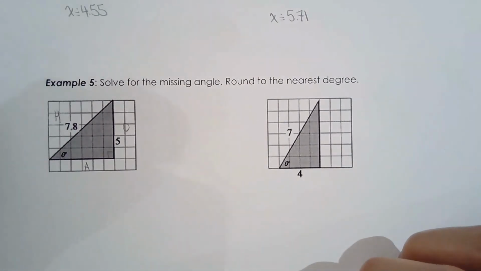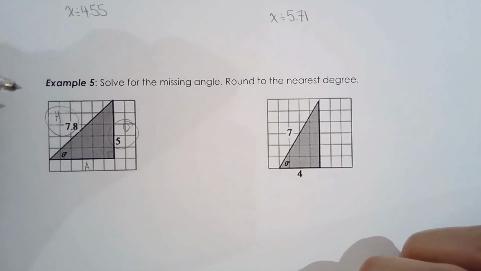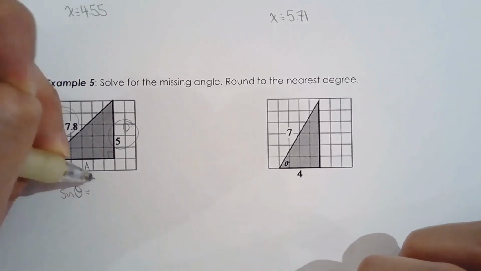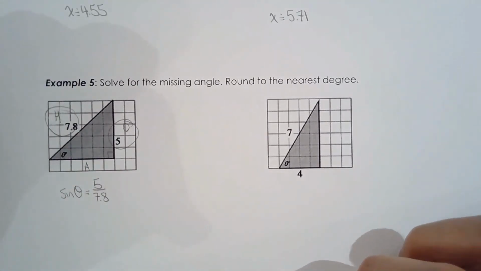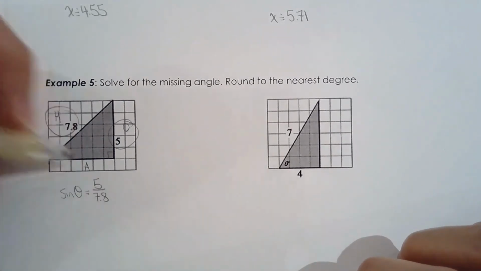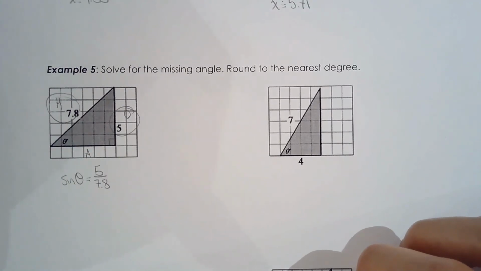All right, so what are the two sides involved here? We're given the opposite side and the hypotenuse. So I'm thinking we know the sine ratio. We know that the sine ratio is 5 over 7.8. So if you tell the calculator that the sine ratio is 5 to 7.8, we can actually solve for this acute angle right here.